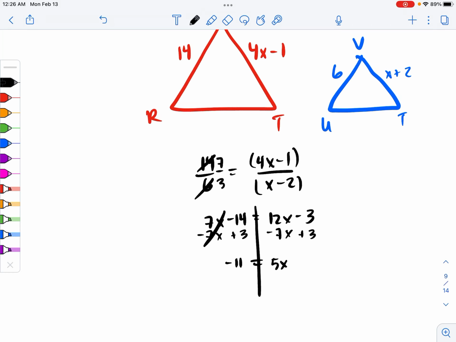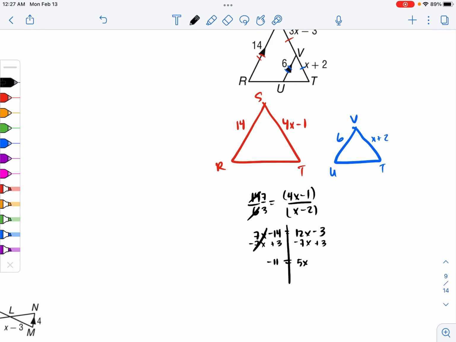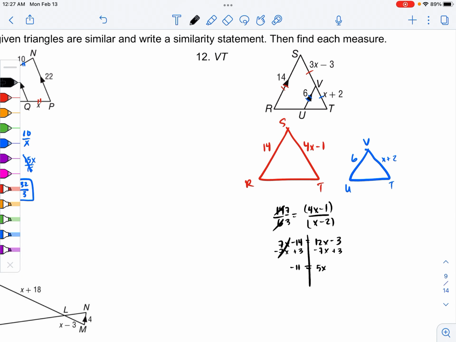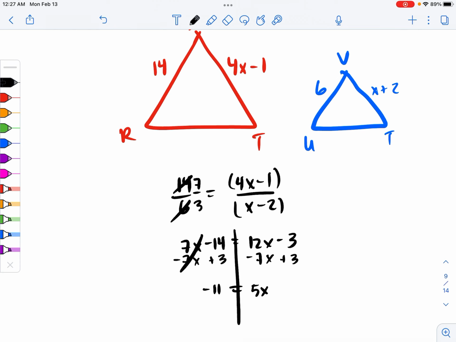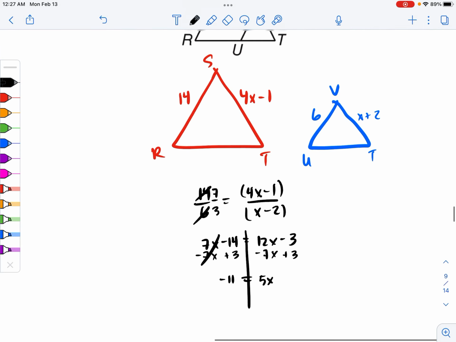Sorry, thought I did some math wrong. That looks like 7x minus 14. Let me double check this real quick. 4x minus 1. That is fine. 12x minus 3. 7x.